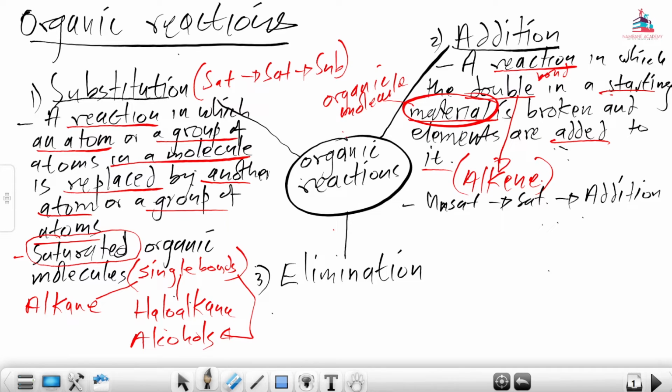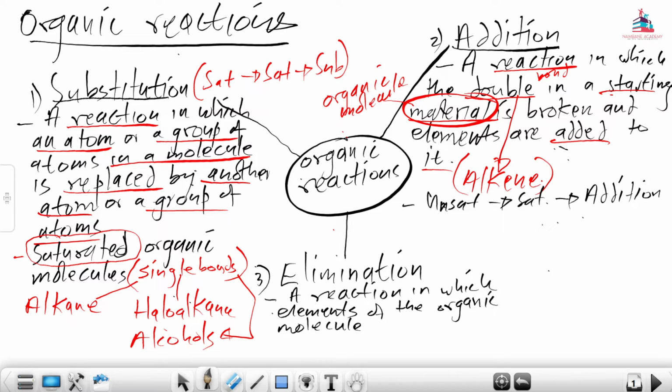So let's explain what is elimination. Elimination is a reaction in which elements of the starting organic molecule are lost and a double bond is formed.